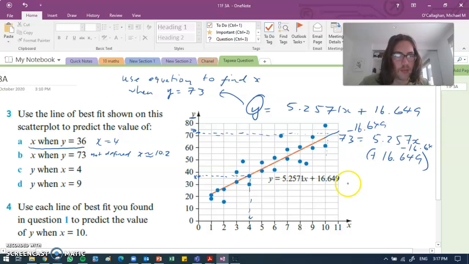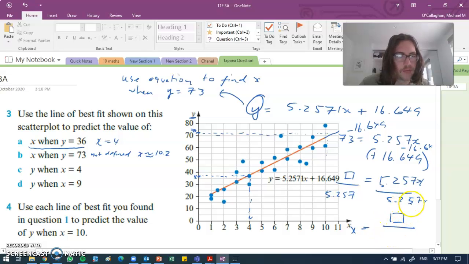And you get some number, and that number there would be equal to 5.257x, divide by that to both sides, and then you'd have x is equal to some number divided by 5.257. And it should approximate to about 4.